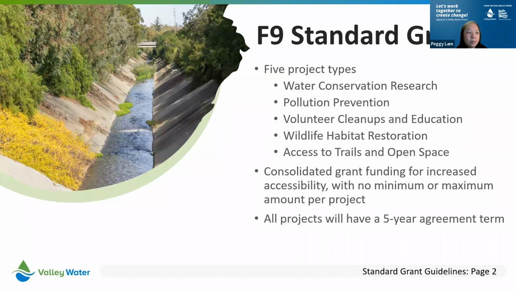So the standard grant program, what does it entail? There are 5 project types that you can apply under, and that's the water conservation research, pollution prevention, volunteer cleanups and education, wildlife habitat restoration, and access to trails and open space. Last year and this year, we've consolidated the grant funding for increased accessibility with no minimum or maximum amount per project.